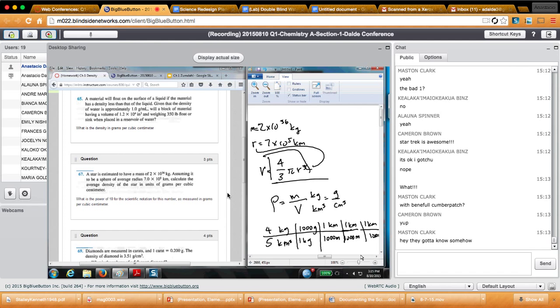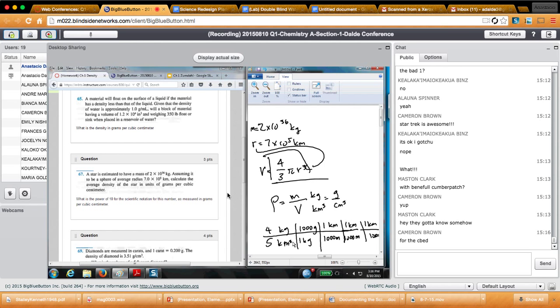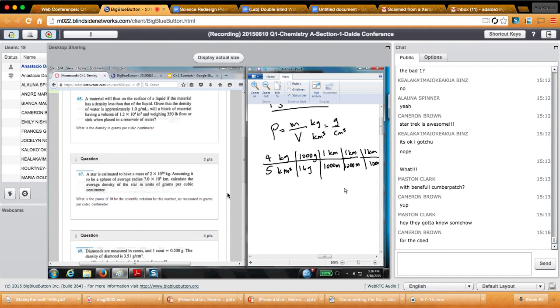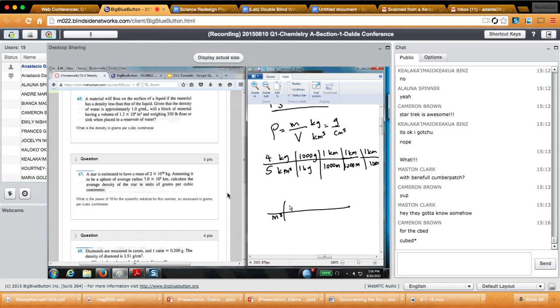Why do I do that 3 times? Because I've got kilometers cubed. Then I have meters cubed on the bottom, so I would convert meters cubed into centimeters cubed by saying 1 meter is 100 centimeters, and I would do that 3 times.